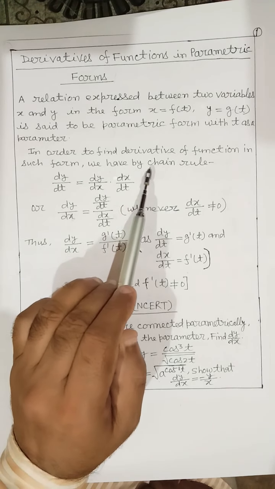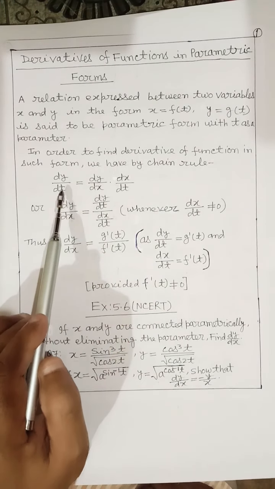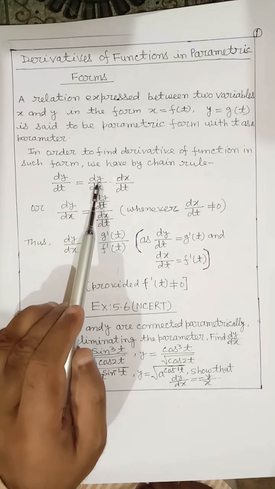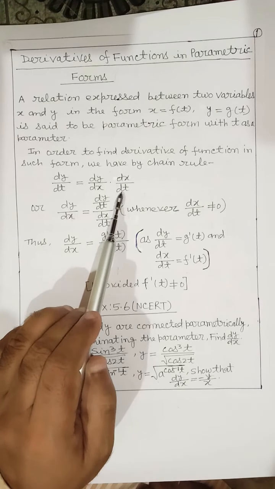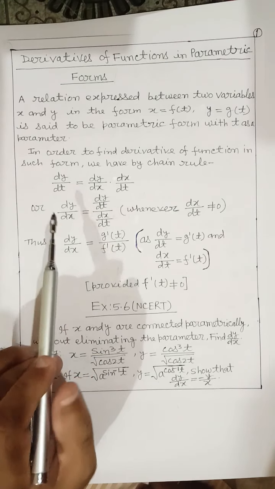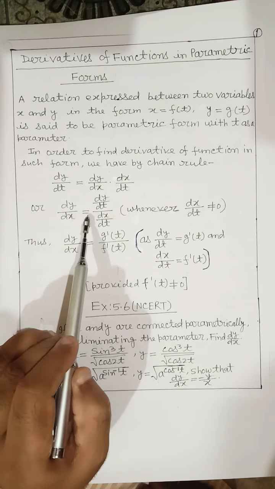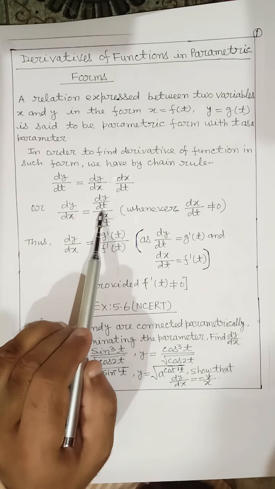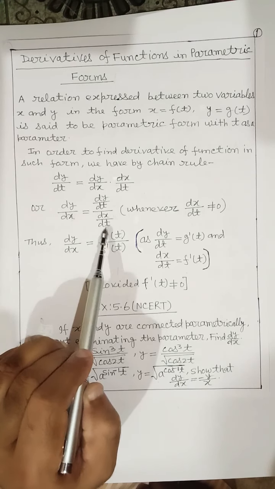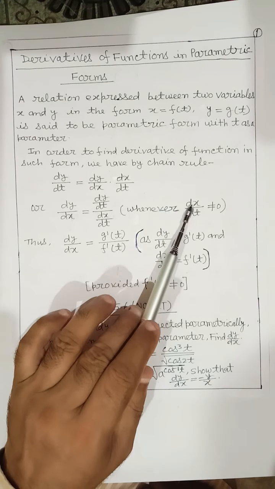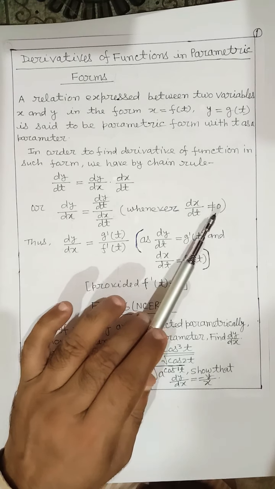we have by chain rule dy/dt = dy/dx into dx/dt, or dy/dx = (dy/dt)/(dx/dt), whenever dx/dt is not equal to 0.